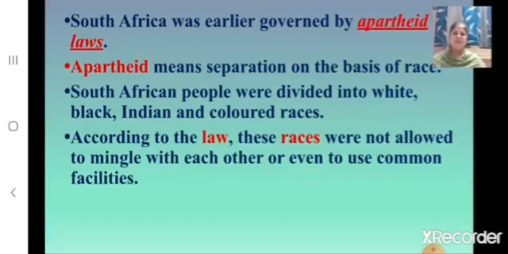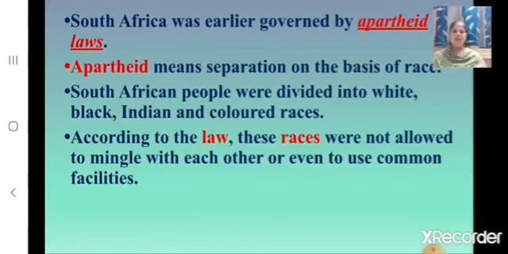That means the facilities and the laws were different for the white people, for the black people, for Indian and the colored races. So all the laws and facilities were separate and not the same.